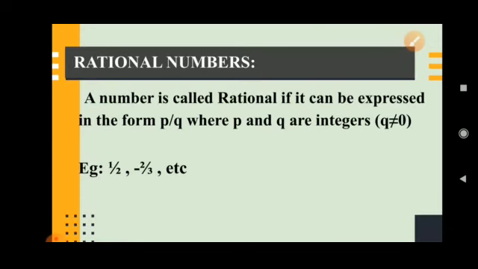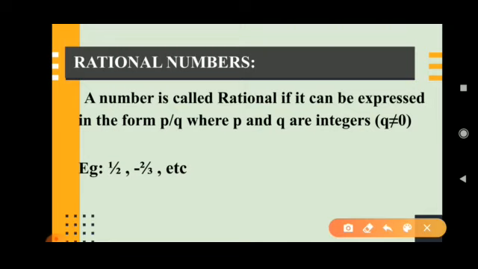Before that, let us recall the definition of rational numbers. Observe, a number is called rational if it can be expressed in the form of p by q.